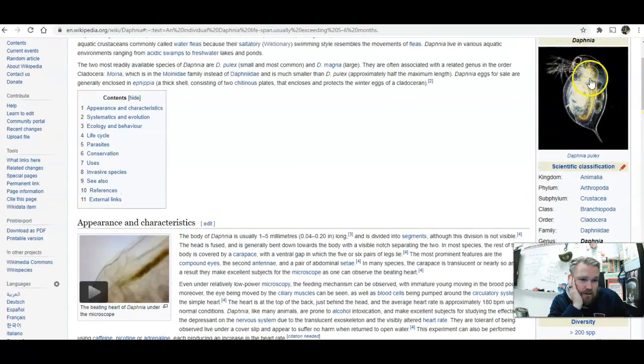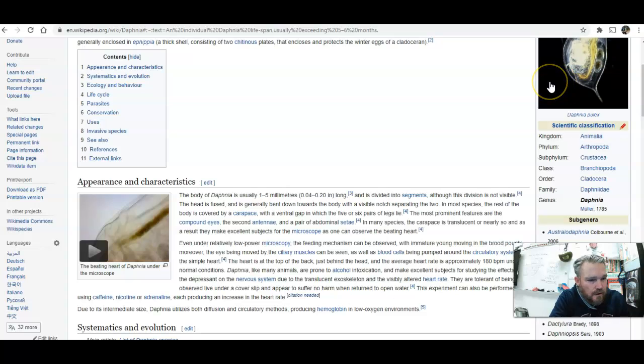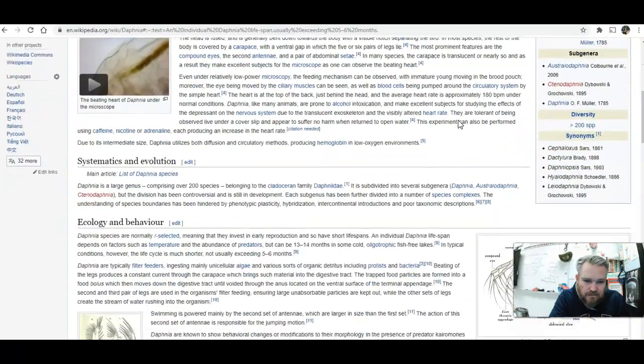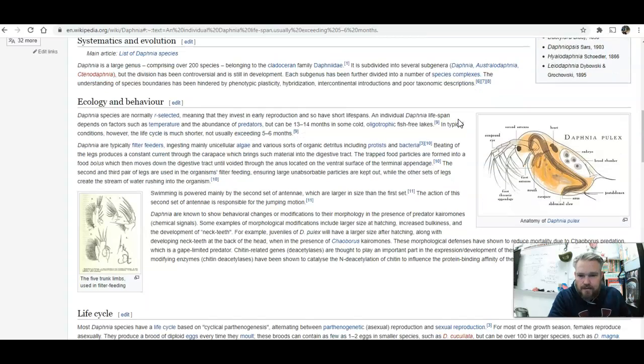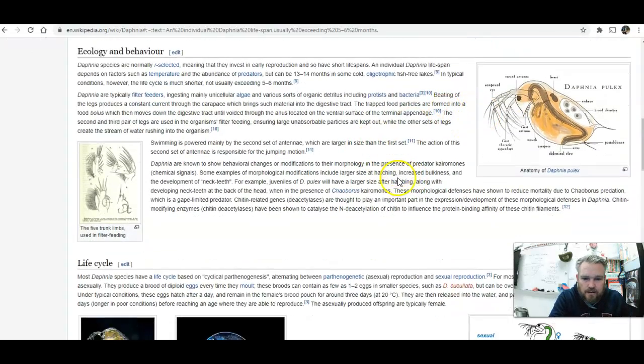These guys have a hard, crunchy shell, so that makes them difficult to prey upon in some instances. Obviously fish would be able to eat these dudes and find them to be a delicious snack, but it's another structural adaptation. There are lots of different things that these guys are able to do.